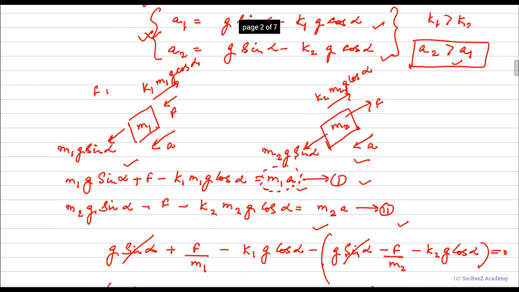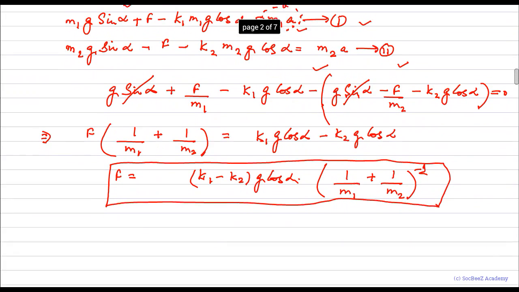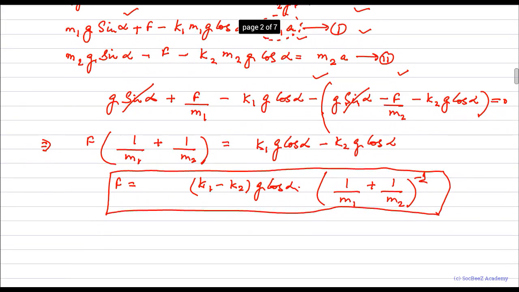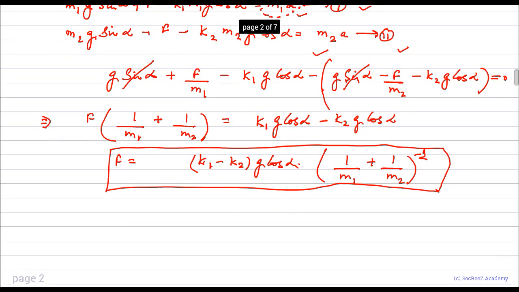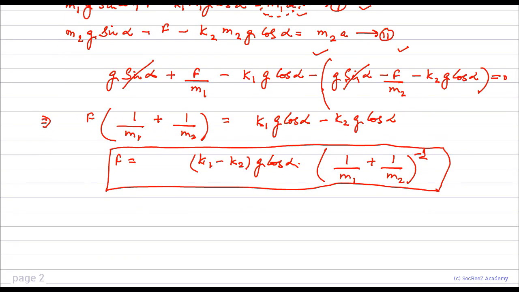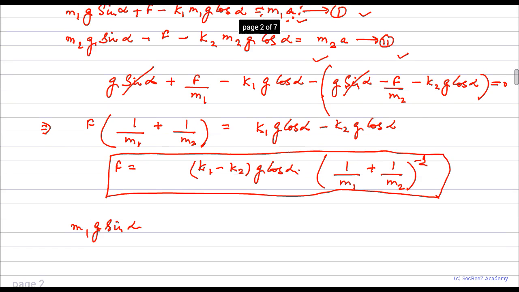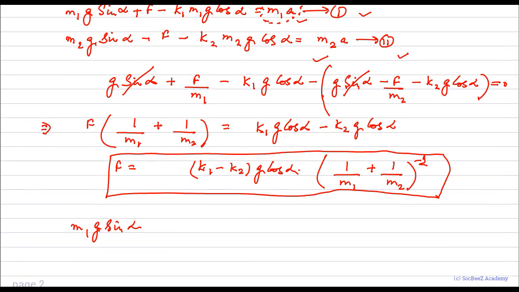So my equation would turn out to be m1 g sin of alpha plus k1 minus k2, that is f.